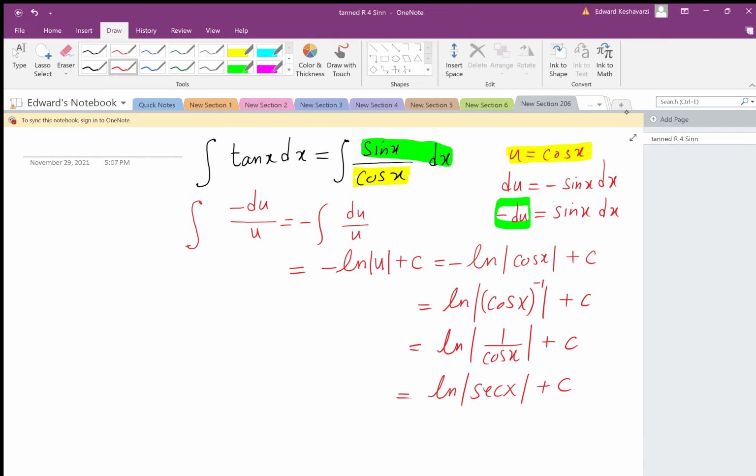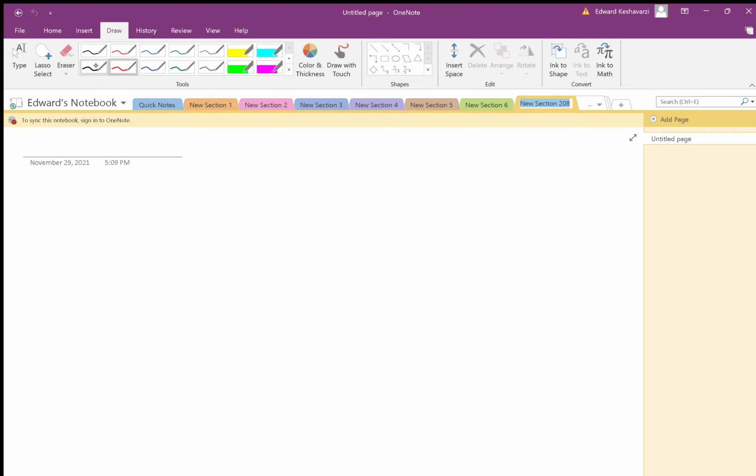So let's have the last example. The integral of x e to the power of 1 minus x squared dx. I'm pretty sure that everyone has a question: how do I know which part is u?